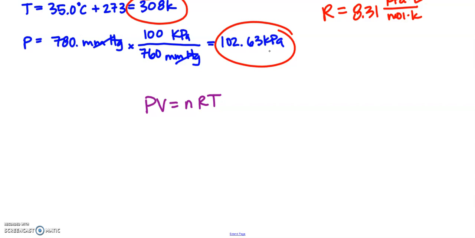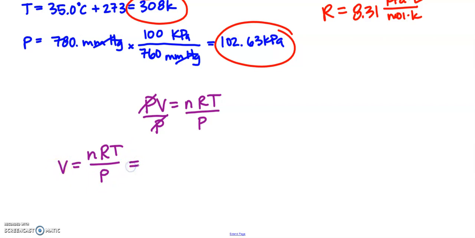This is my preference, because when I divide by P here, I'm just writing one letter instead of writing this whole thing two times. If I do one thing to one side, I do it to the other. This divides out. So my equation is V equals nRT over P. I just rearranged everything for my unknown, my question mark, to be by itself.